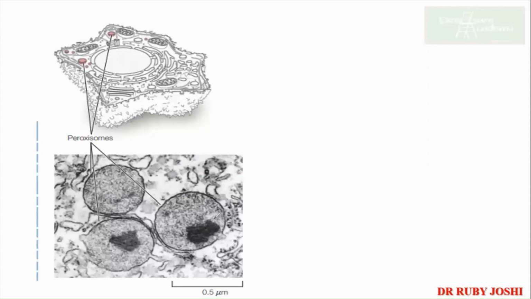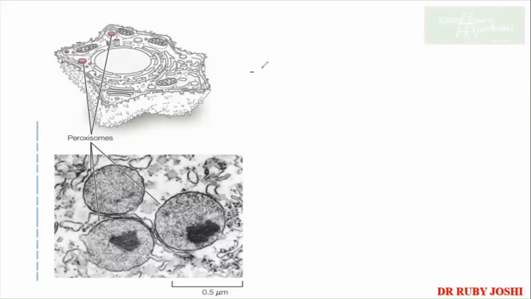Ma'am, two of them have this dense structure present in between. And the third one is not having. That's what you want to say? Mm-hmm.